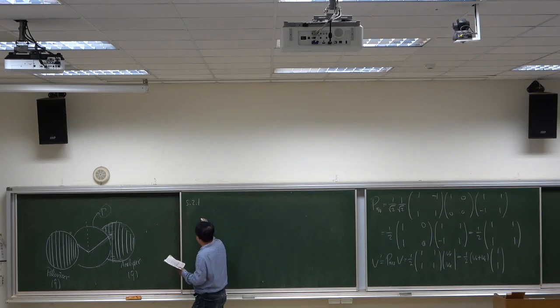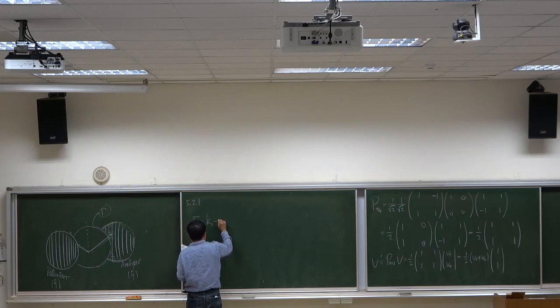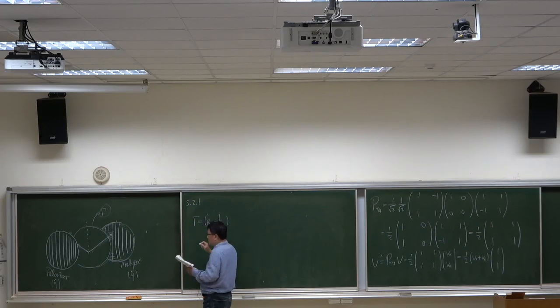arbitrary gamma. Gamma is just this. We see that is Ks minus Kf times the thickness.